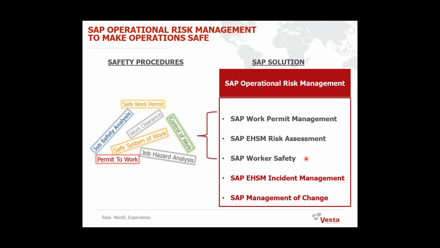And the best of all is that SAP provides full native integration between those 3 components of the SAP Operational Risk Management solution. Today, we will focus only on the SAP Work Permit Management.